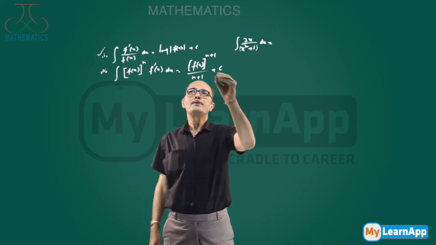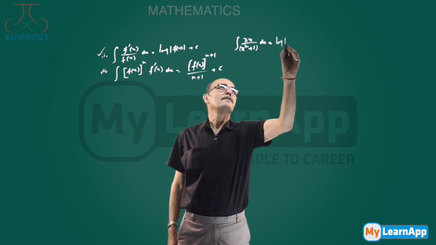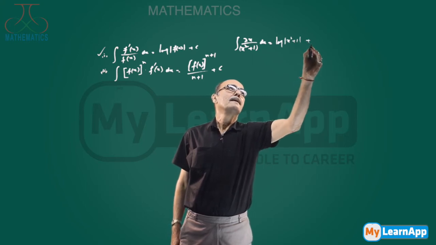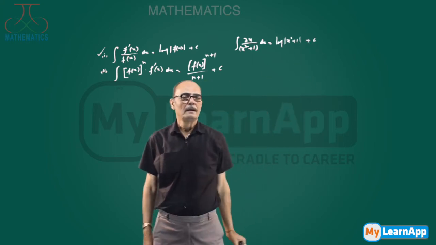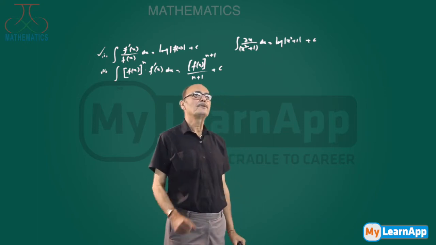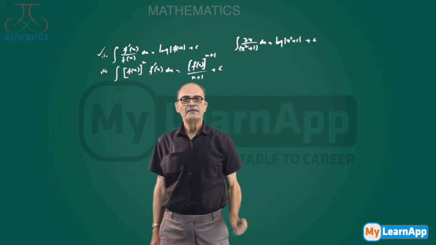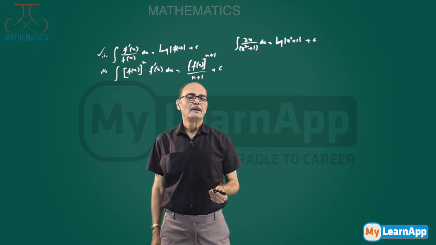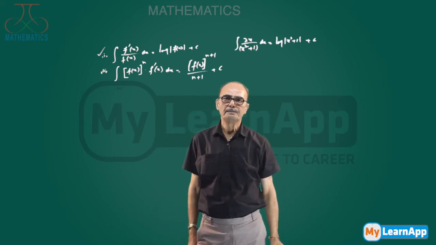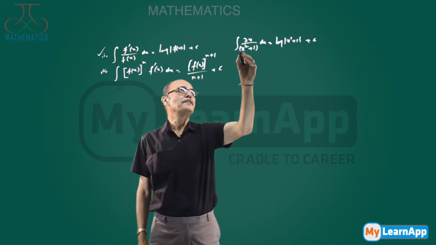So, straightway we can use this formula and write the integral of this is log of x square plus 1 plus constant c. And if you want to check whether your answer is correct or incorrect, you differentiate the right hand side. And when you differentiate the right hand side, you should get this 2x over x square plus 1. And then this is the application of the first formula.